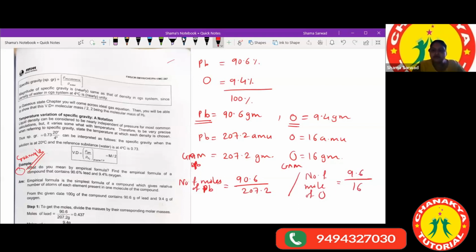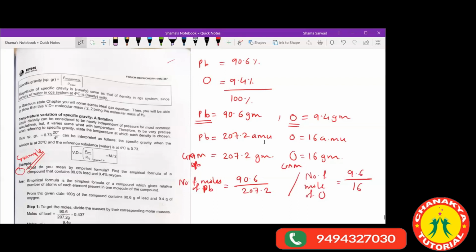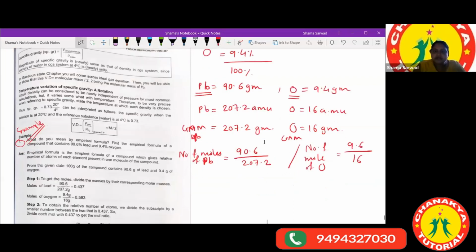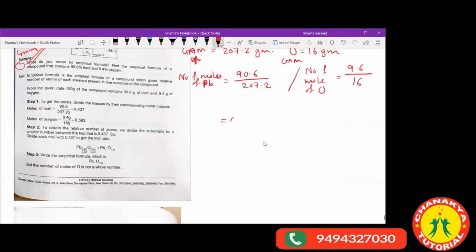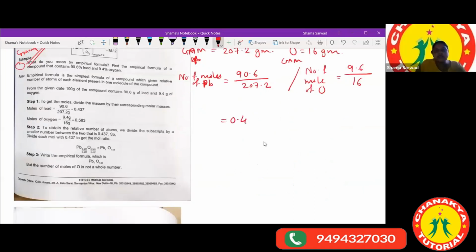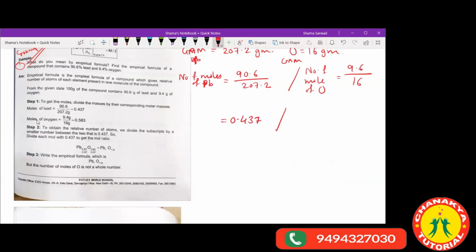Do this and let me know the values. Can you do this division or not? The first one is 0.437. Very good, 0.437. And the second one would be 0.583.